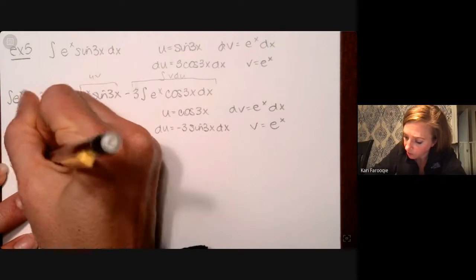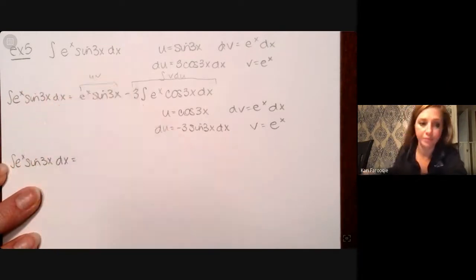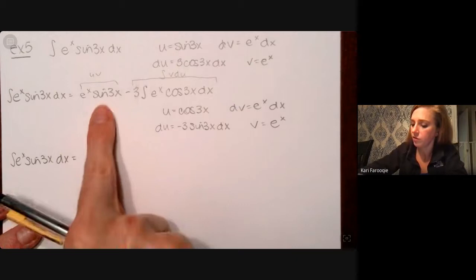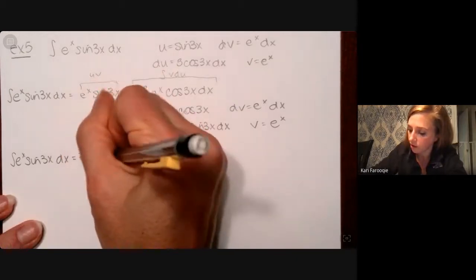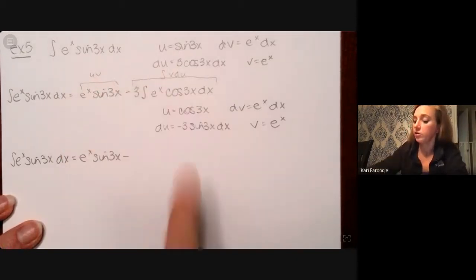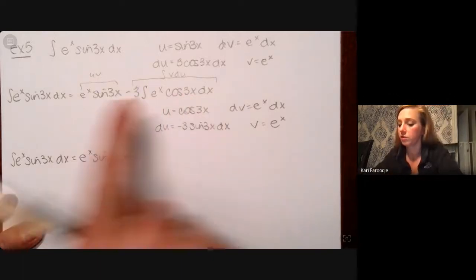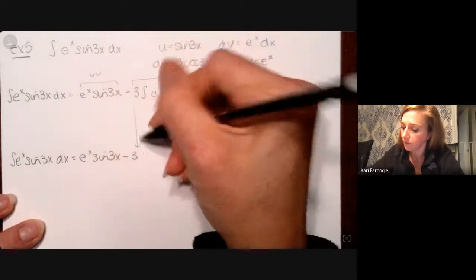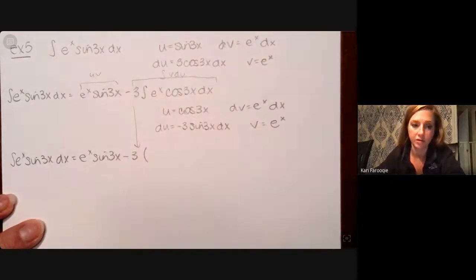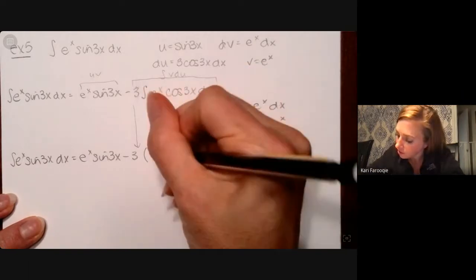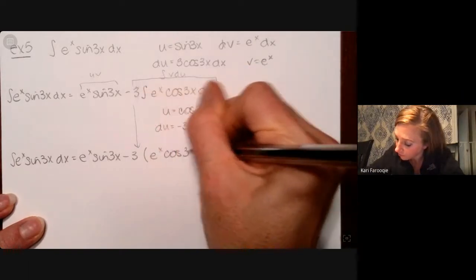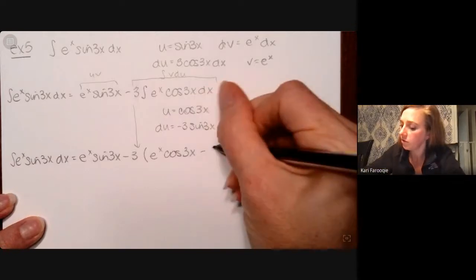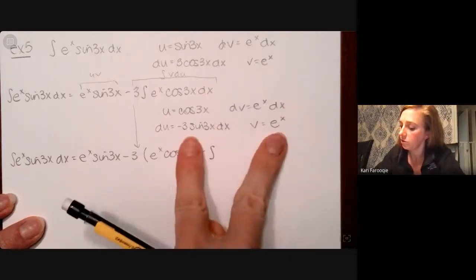Here's my original. This term comes down, e to the x sine 3x. And then the piece that we were working on parts with, again, is this one. We left the 3 on the outside, and then all the parts happen inside the integral. So that 3 is going to end up getting distributed in with the negative in front of it. So uv is e to the x cos 3x, and then minus the integral of v du.